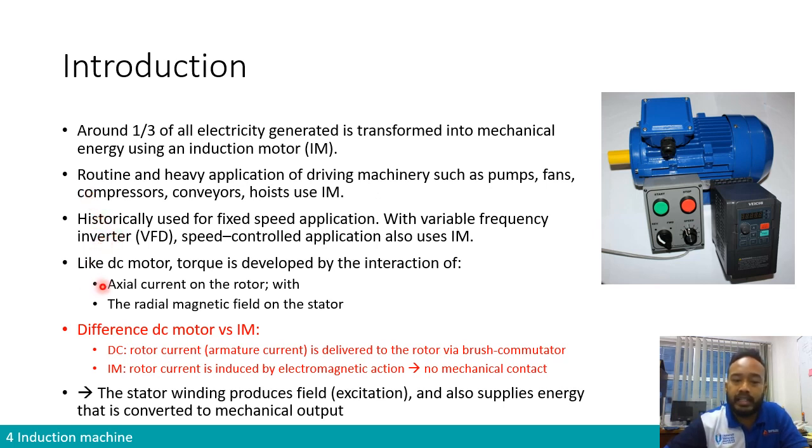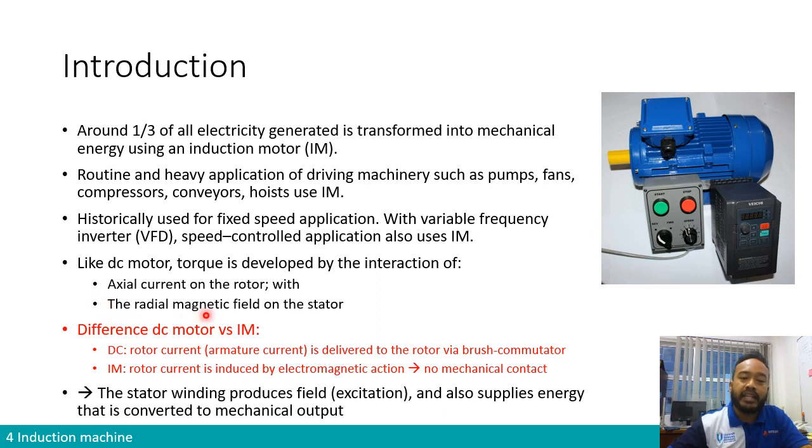Just like in a DC motor, the basic operating principle to produce torque lies in the interaction between the stator field and the current in the rotor. There is an axial current on the rotor, and we'll see how it is created later.